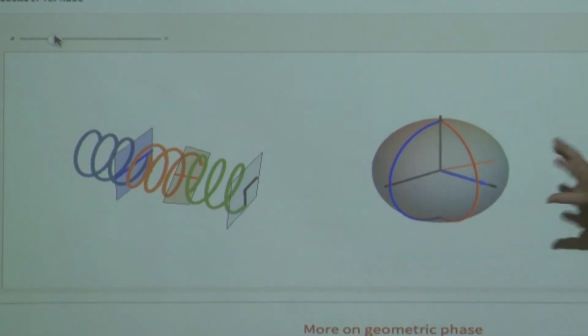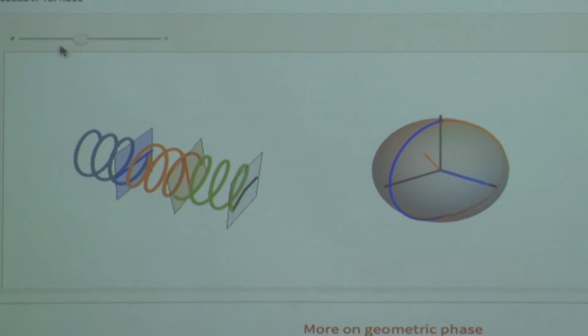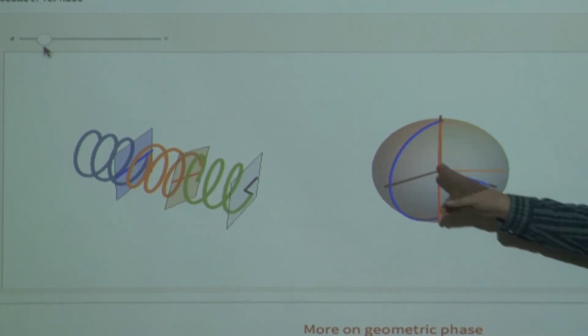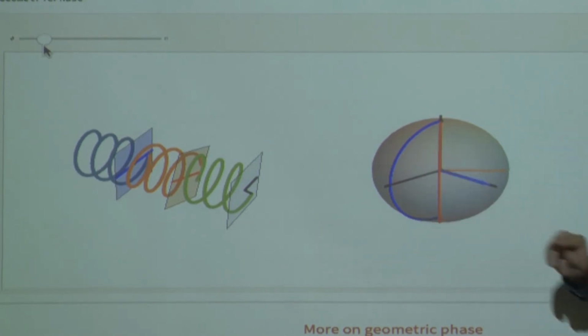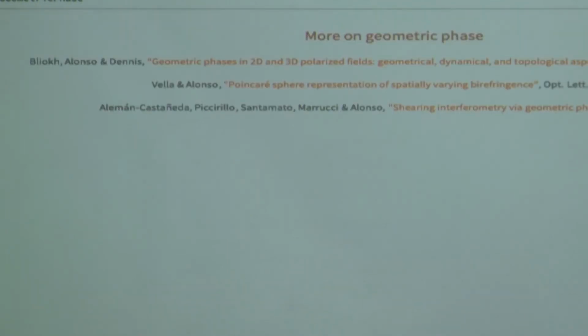So changing the orientation of the second element does not change the polarization, it just changes the phase. This is one very simple example of a geometric phase. And that phase happens to be 1/2 of the solid angle enclosed here. I will be talking more about geometric phases next week. So now that we saw that, let's forget about polarization.